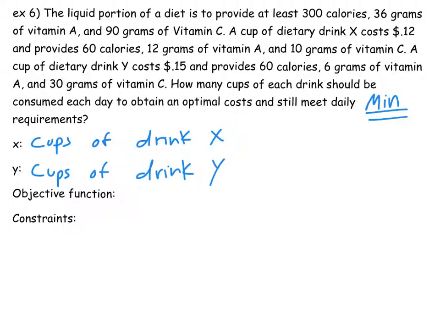Notice I'm going to go through the same steps as the candy problem. I define my variables first. A cup of drink X is 12 cents, a cup of Y is 15 cents.